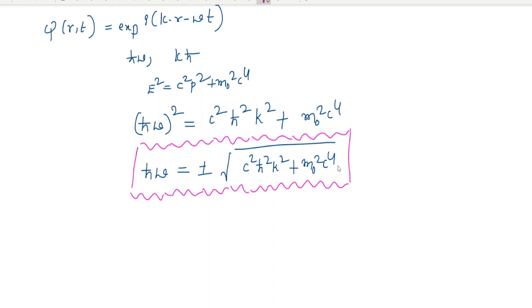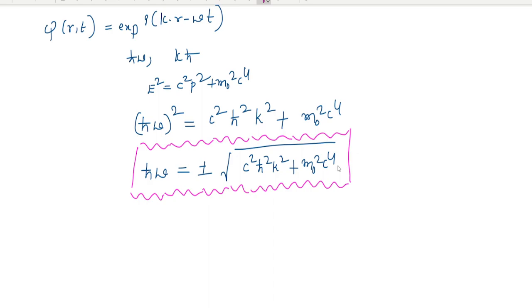Some important contradictions are there in the Klein Gordon equation. Maybe after deriving the continuity equation, we'll get more points.